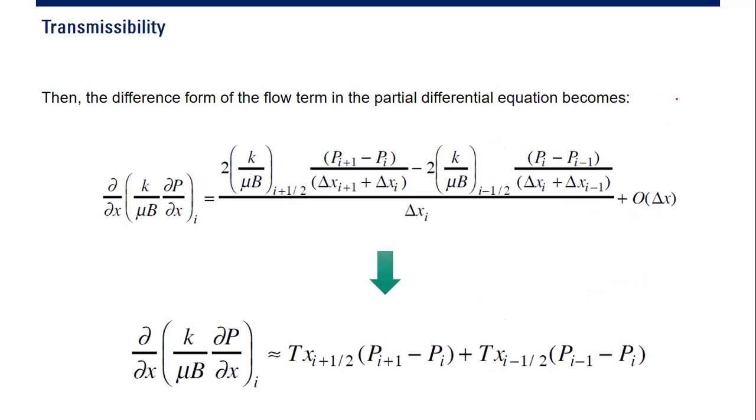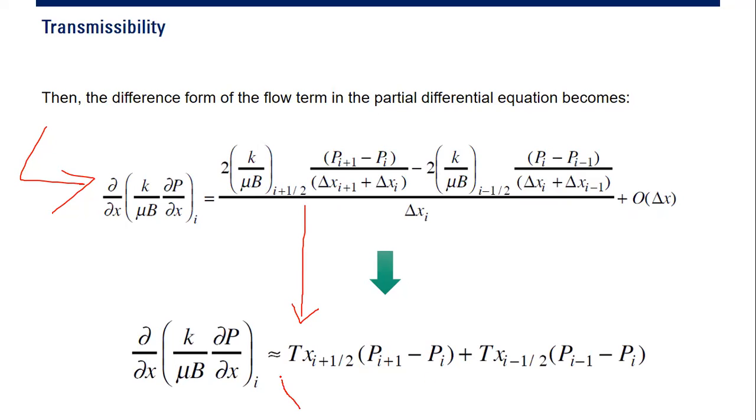Then, using transmissibility, the difference form of the flow term in the partial differential equation becomes this below equation; the above is the initial equation.